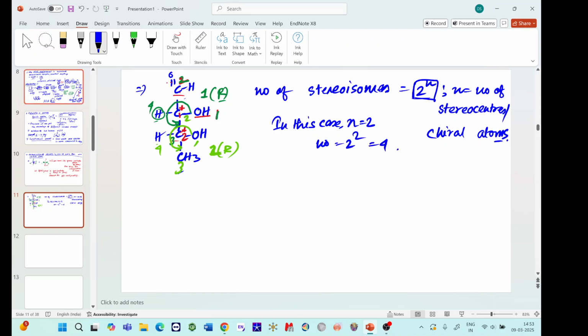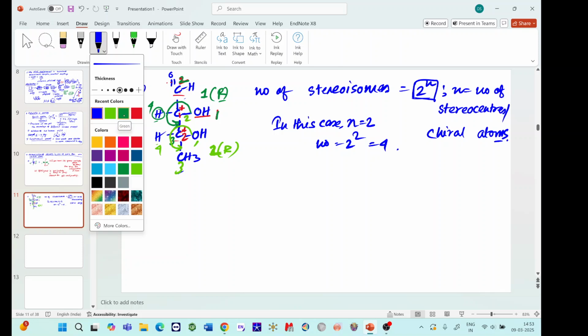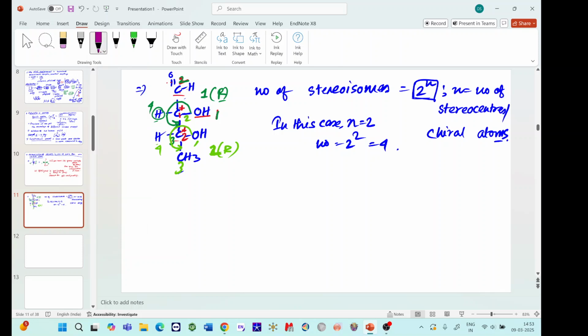Let us draw the 4 molecules, how they will look like. First one is, as we have seen already, CHO, H, OH, H, OH, and CH2OH. Okay, this is not the same, but it's okay.